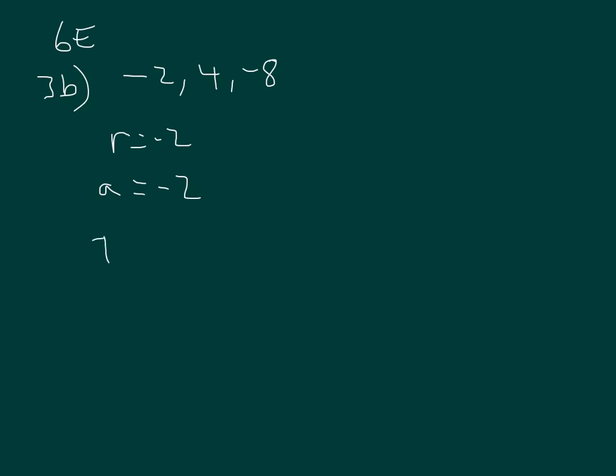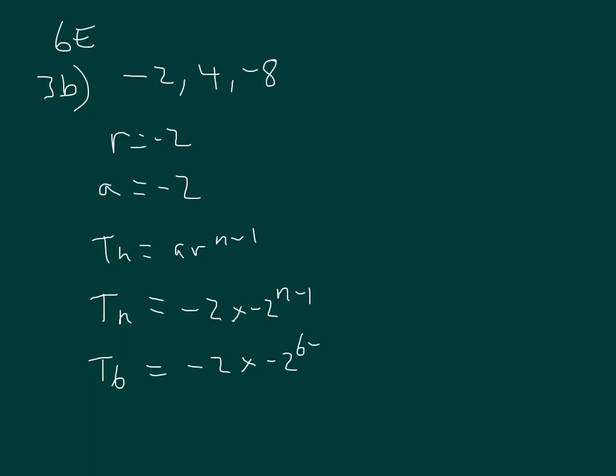Well, Tn equals AR to the n minus 1. So Tn equals minus 2 times minus 2 to the n minus 1. Now to find T6, T6 equals minus 2 times minus 2 to the power of 6 minus 1.